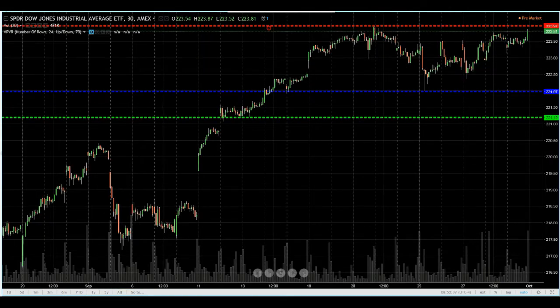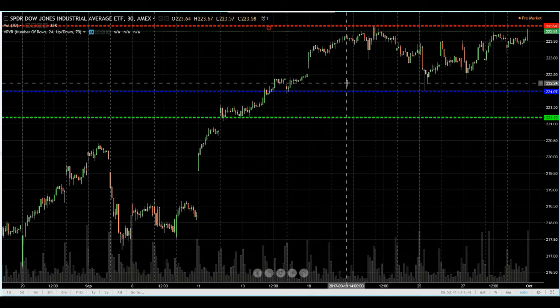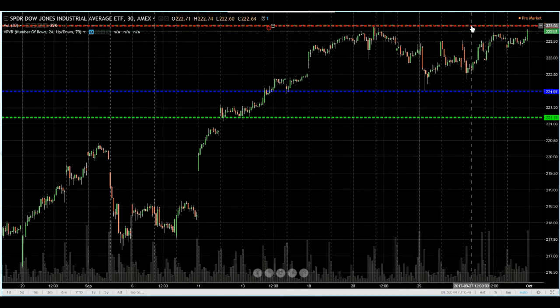So generally the outlook is to be buying the Spider, and this is the level I'm most interested in. Moving on to the Dow, I'm going to watch this level carefully. Again, I want to be bullish on the Dow. However, I do think we could have a problem at 233.97, and I might be interested in some very small position shorts at this level.